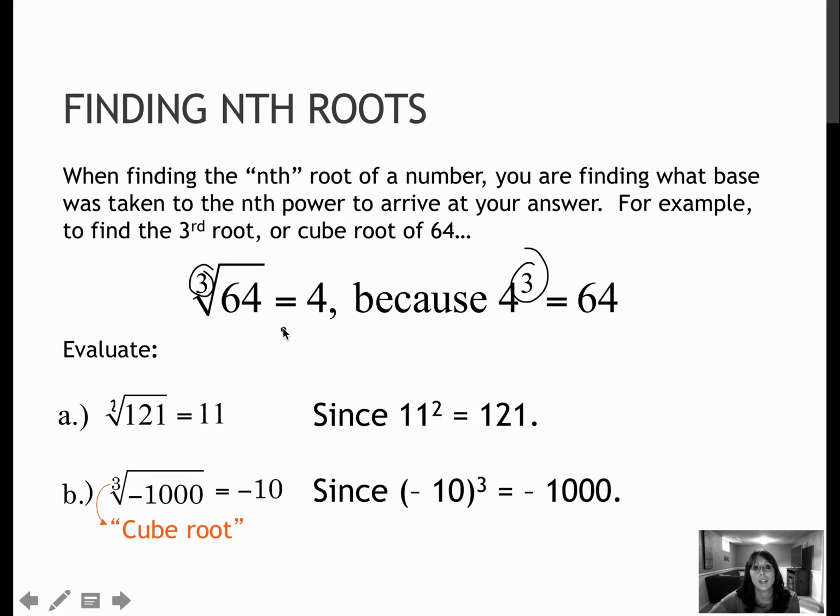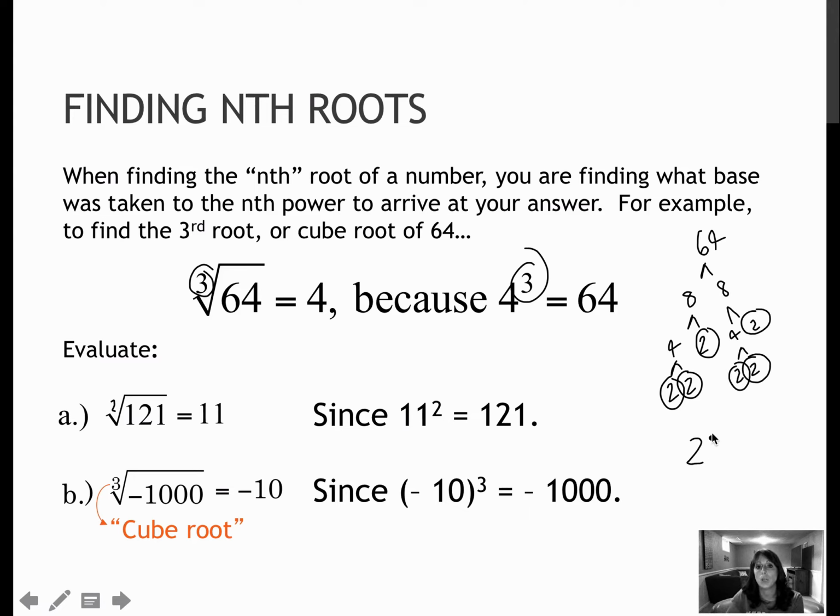Quite often, the easiest way to do that is to take our number, say 64, and break it down and say 64 is 8 times 8. 8 can break down into 4 times 2, and 2 is prime. 4 breaks down into 2 times 2, and those are prime. 8 is 4 times 2, and 4 is 2 times 2. And what I end up with is 2 to the 6th, and I'm taking the cube root of that.